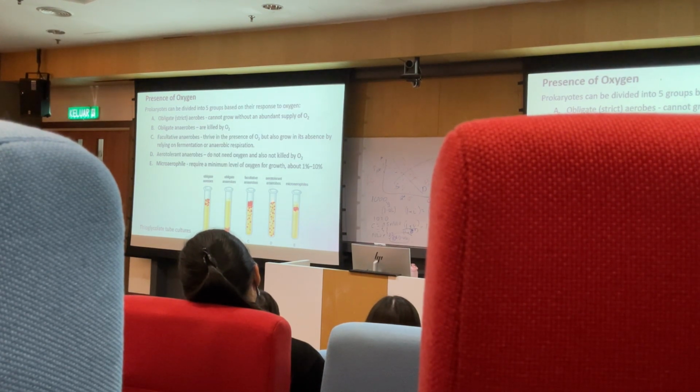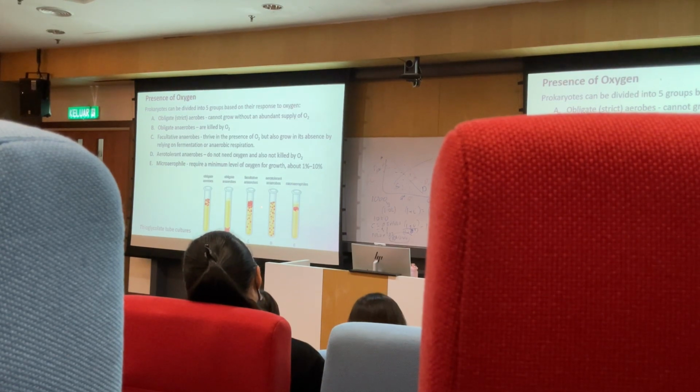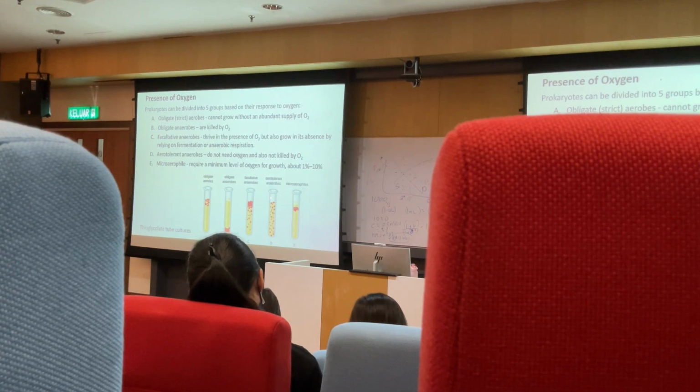Now this one, aerotolerant anaerobes. What does that mean? These are the ones that do not need oxygen and are also not killed by the oxygen. Since they do not need oxygen, they can grow anywhere, and they are also fine in the presence of oxygen.